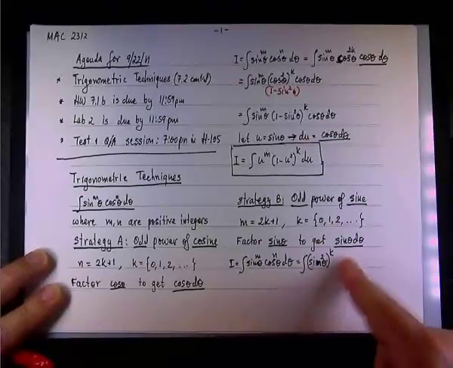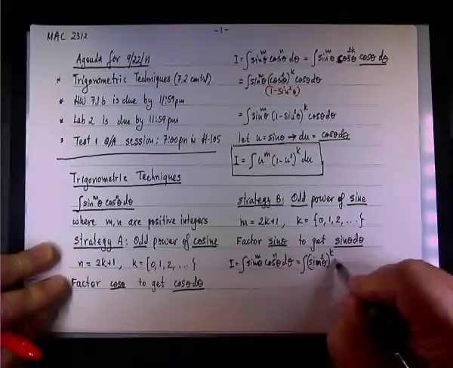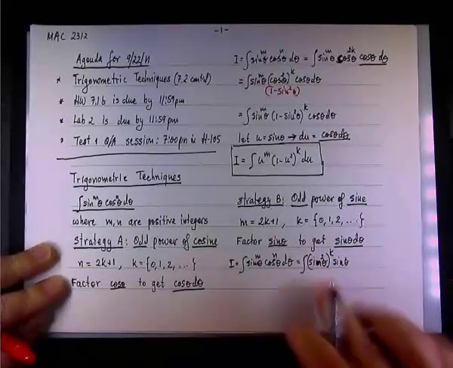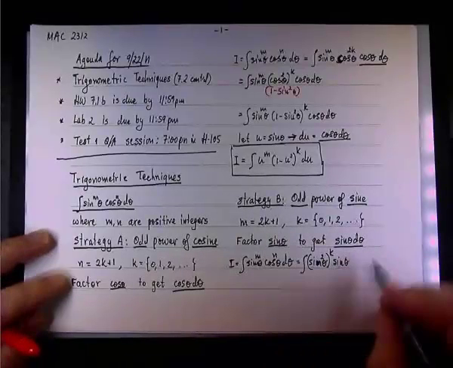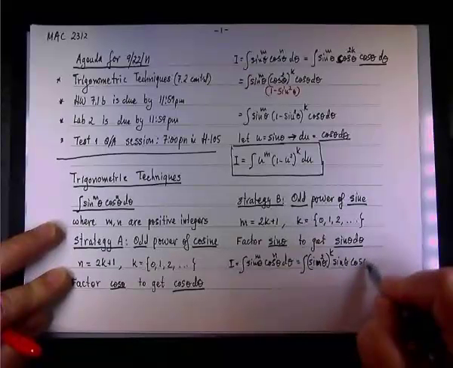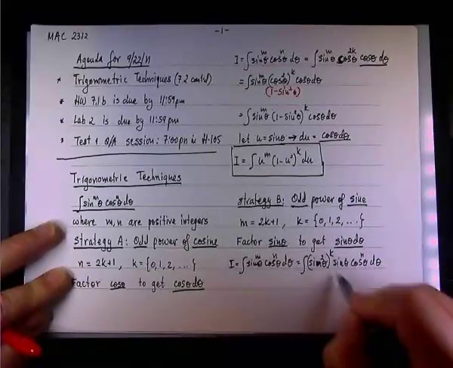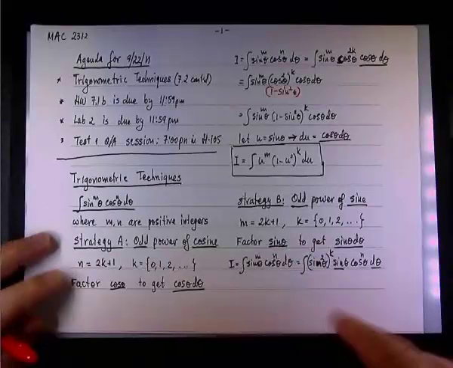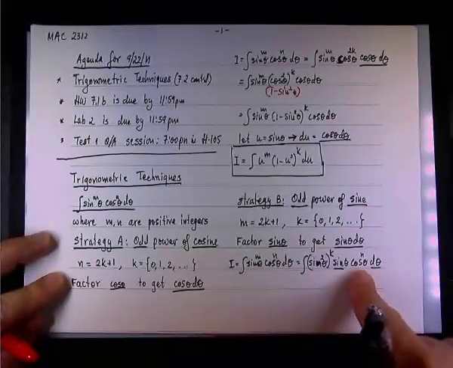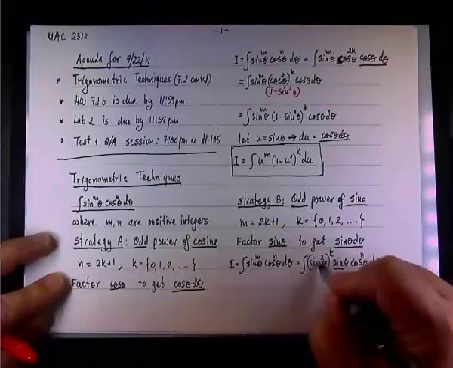So we have 2k here, right? And we have one more sine theta, which we want to factor. And then we have the cosine theta to the n power d theta. So this will be what I'm looking at.